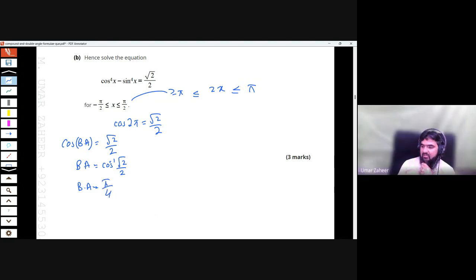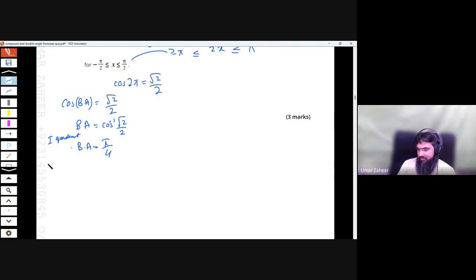Pi divided by 4. And cos is positive in the first quadrant, and this value is in the first quadrant. And cos is positive in the fourth quadrant as well. In the fourth quadrant, we will get the angle 2 pi minus pi over 4, which will be equal to 7 pi over 4.